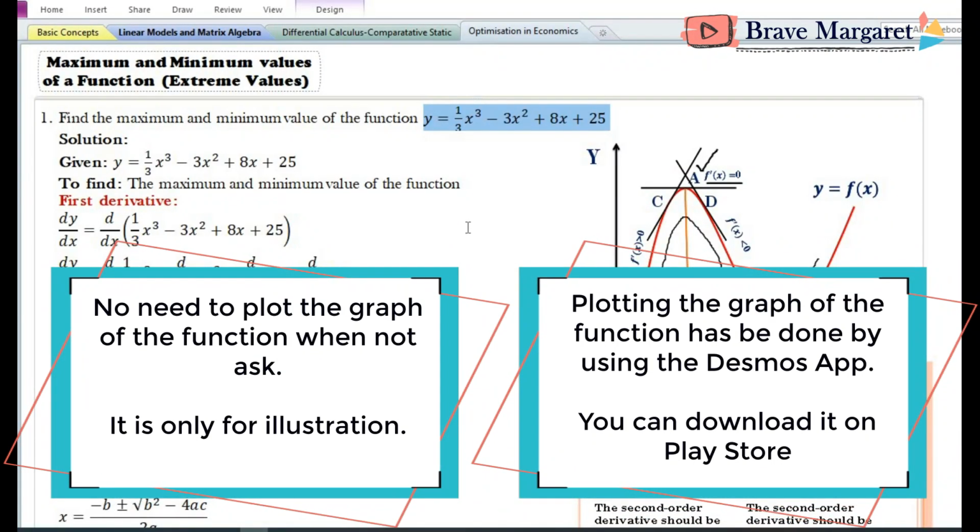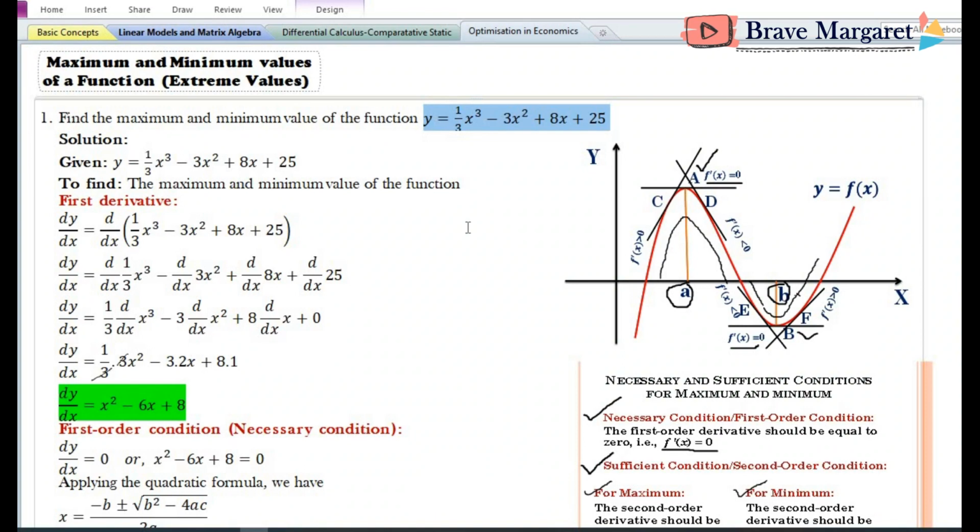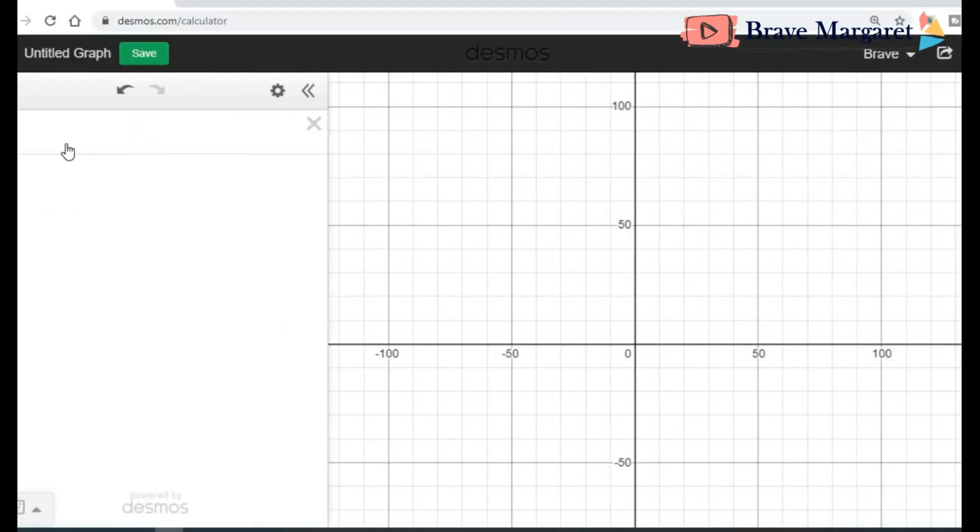Let us plot the function y equals 1 by 3x cubed minus 3x squared plus 8x plus 25 on a graph. Let us input the function.